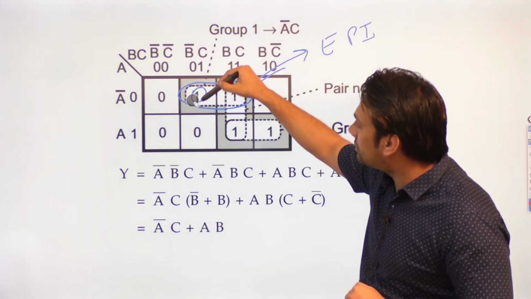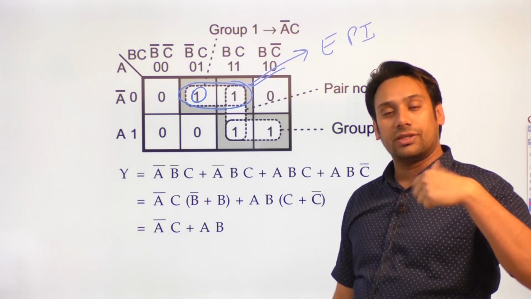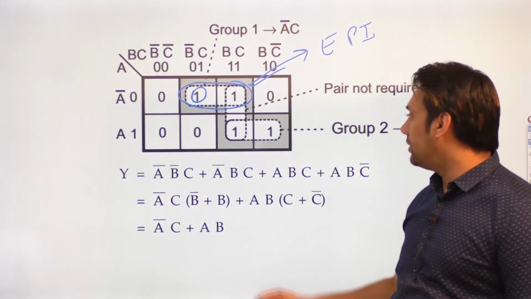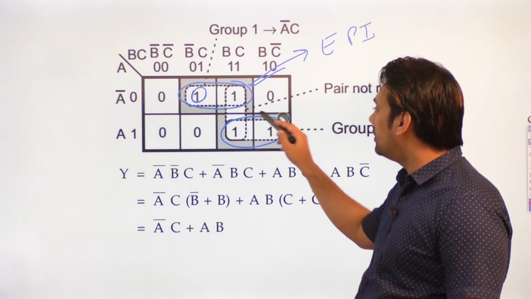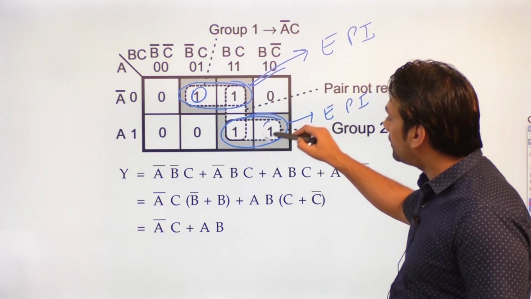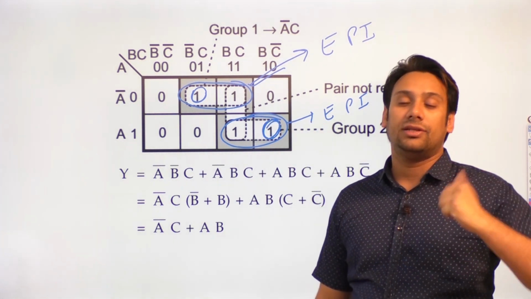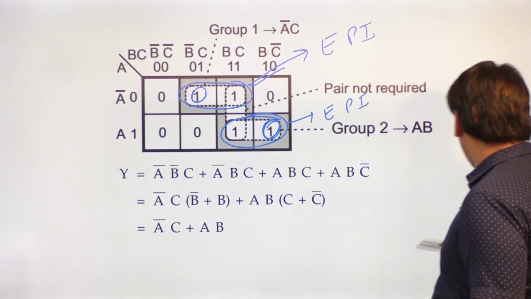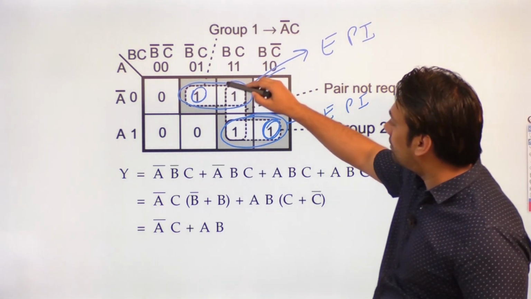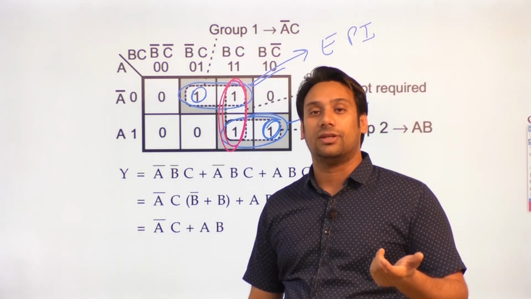Because it is covering this one and this one is not covered by any other subcube. इस one को किसी भी subcube ने cover नहीं किया. And here in this subcube is also essential prime implicant because it is covering one term. ये एक ऐसी term को cover कर रहा है that is not covered by any other prime implicant. But if you look at this subcube here, this subcube is just an implicant, but it is not essential prime.